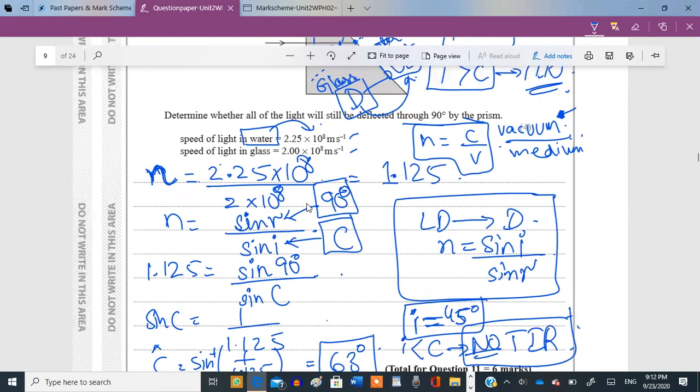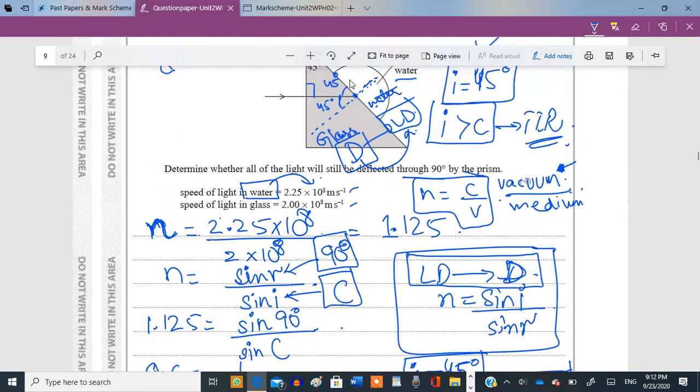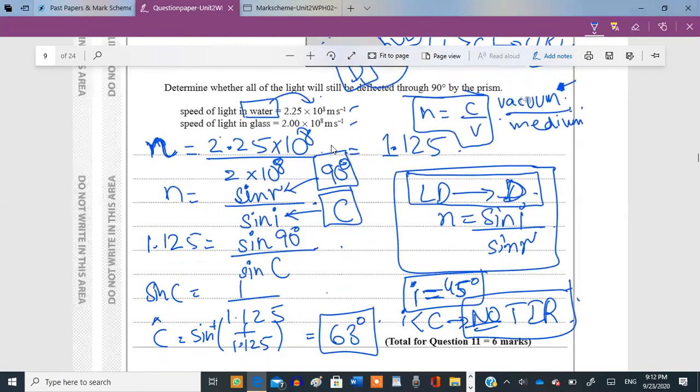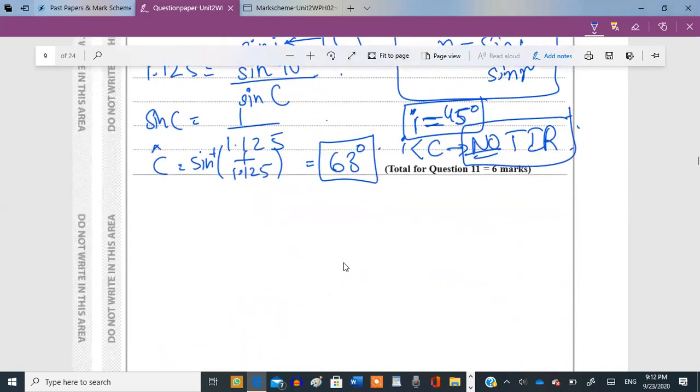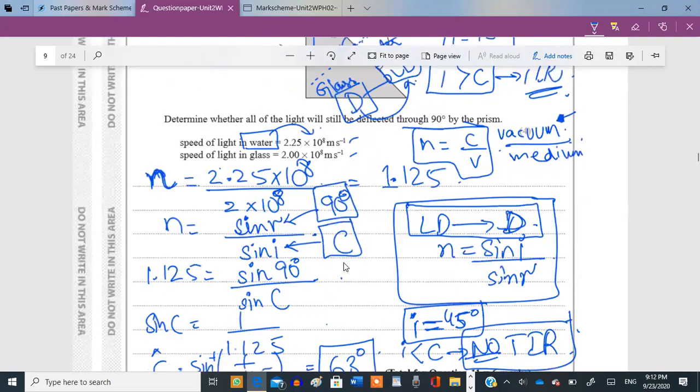Also, isn't it n is equal to sine i over sine r? n is equal to sine i over sine r when you're moving from less dense to denser medium. But over here we are moving from glass to water, denser to less dense, so this is going to be the reciprocal. Is this clear? Do you want to take a picture of it?